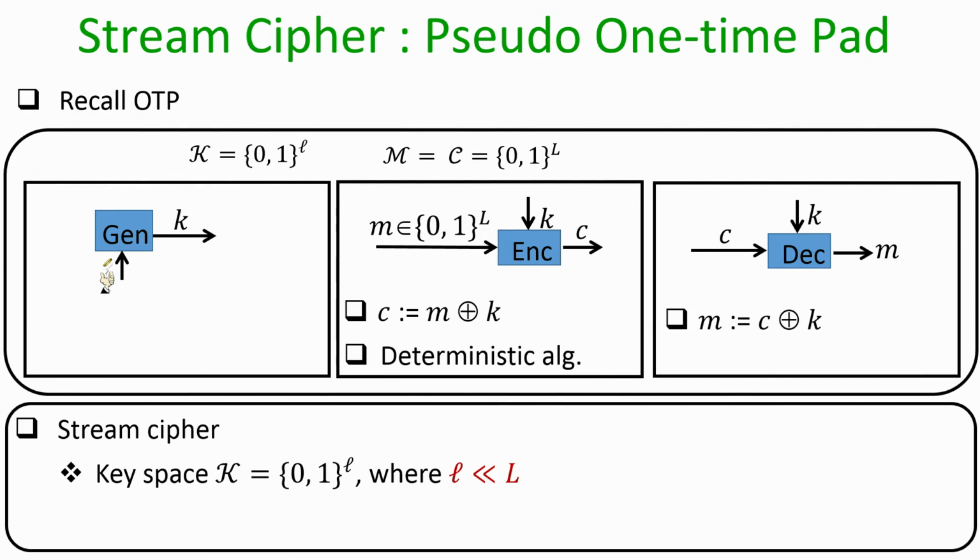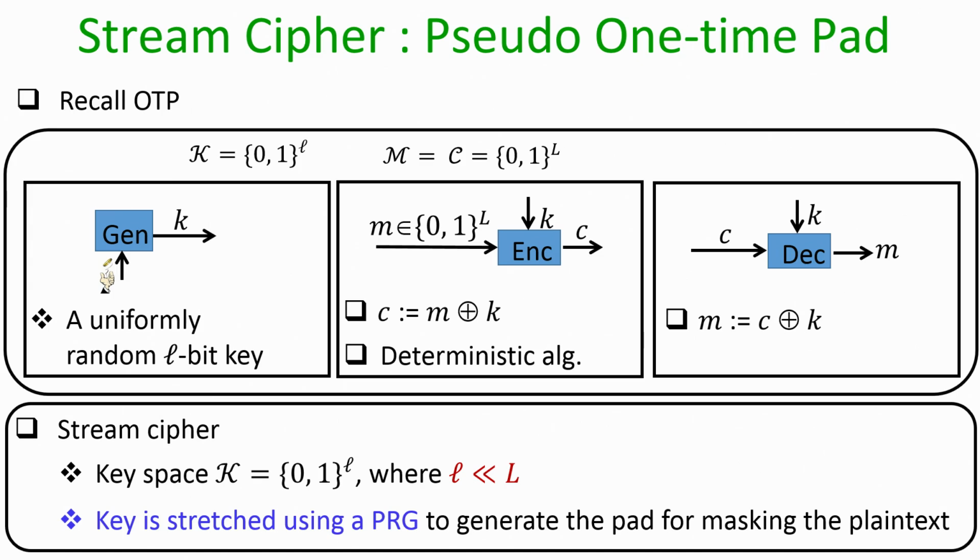So, the first change that we are going to make in the stream cipher compared to the OTP is that the key generation algorithm is now going to output a key of size little l bits instead of big L bits. And to perform the encryption operation, we will XOR the message with the output of a PRG invoked on the key generated by the key generation algorithm.